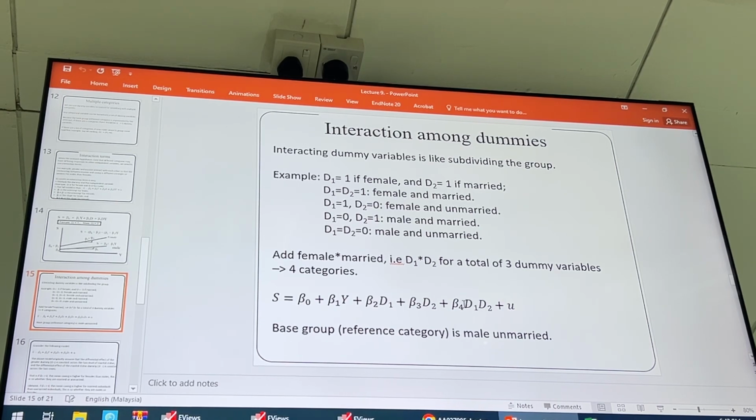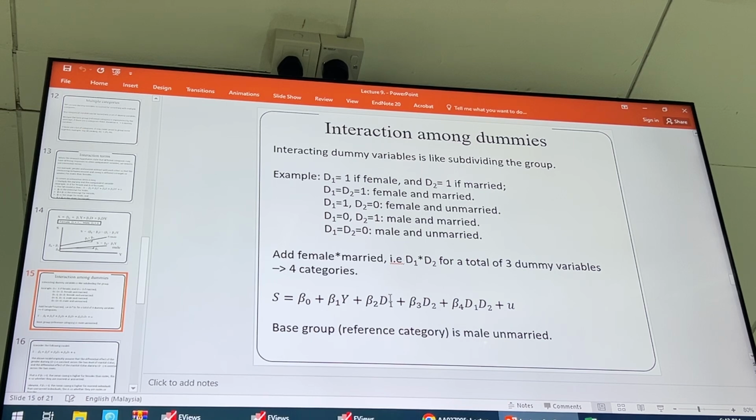If you include an interaction term, then it allows us to subdivide the groups. Not necessarily, I mean, if we include more than one variable, we can subdivide. But if we include an interaction term, then we can allow the different categories to have different intercepts again. The group when all the variables equal 0 is our base category.